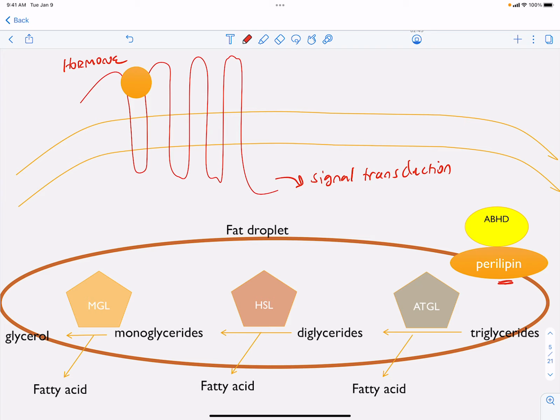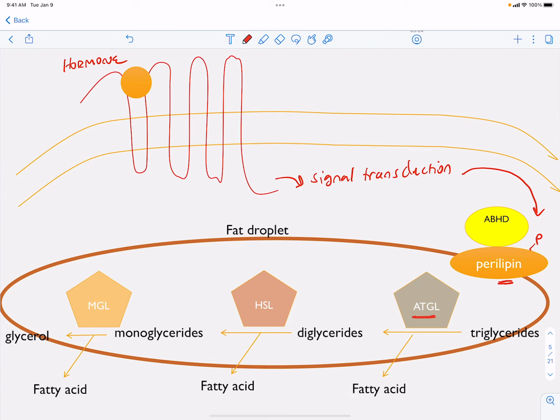Perilipin is sort of a docking place, and it holds the cofactor of your triacylglycerol lipase. ABHD5 is docked on perilipin, and perilipin is associated with a fat droplet. When signal transduction happens, you activate kinases with your epinephrine or your glucagon. These kinases phosphorylate the perilipin, which releases your cofactor.